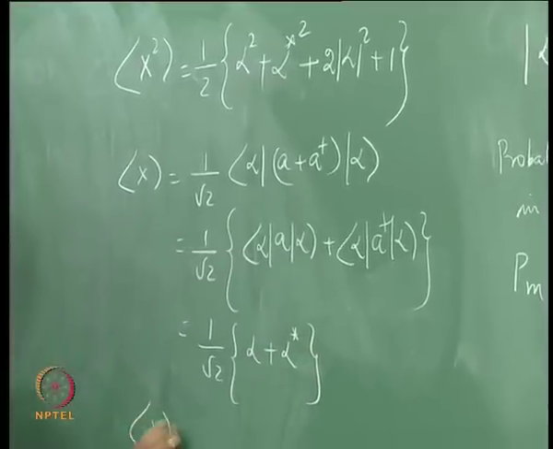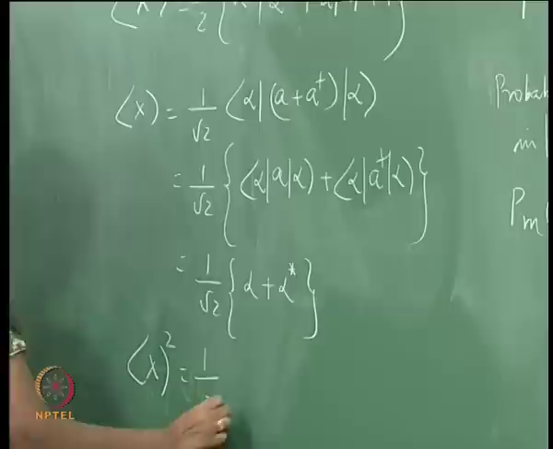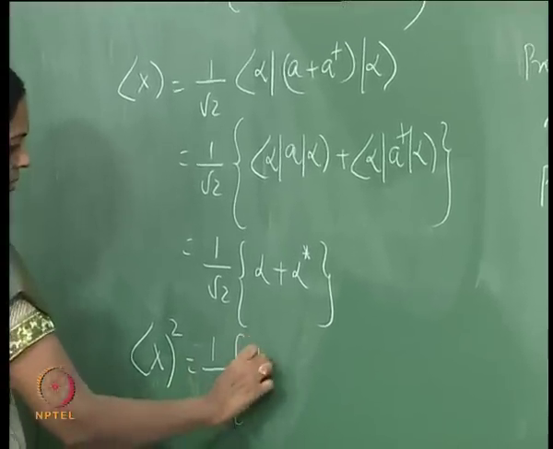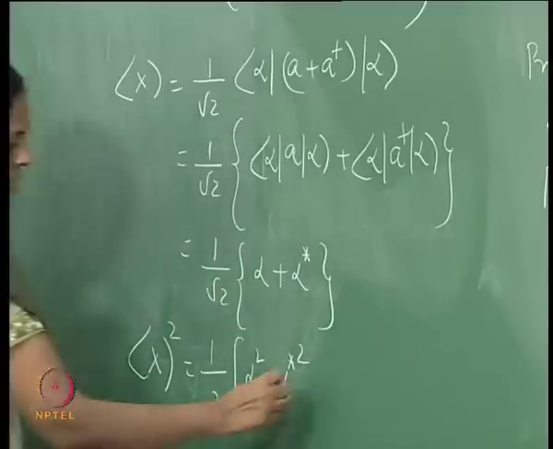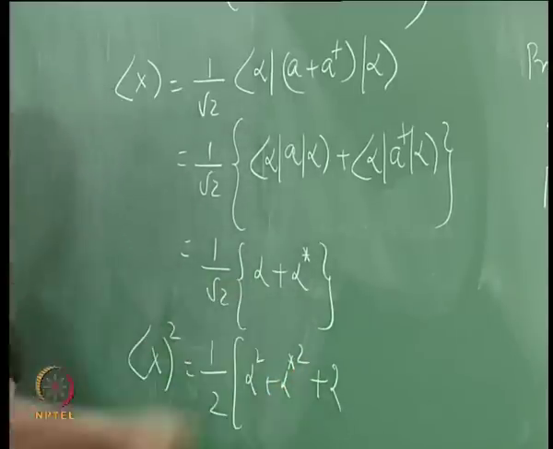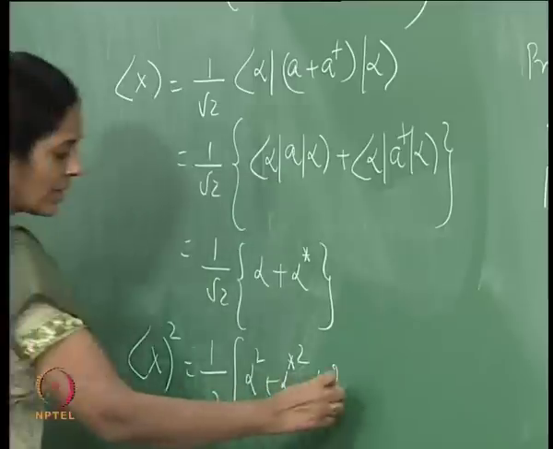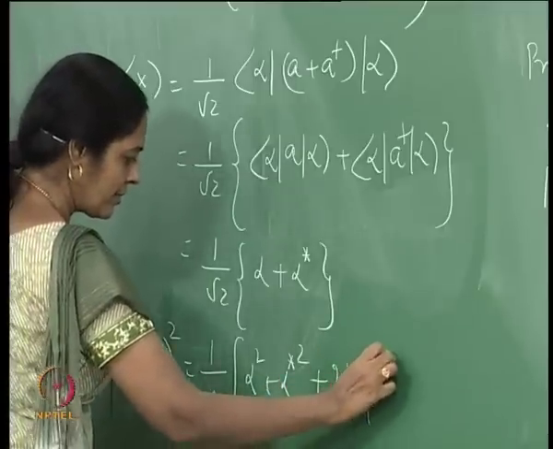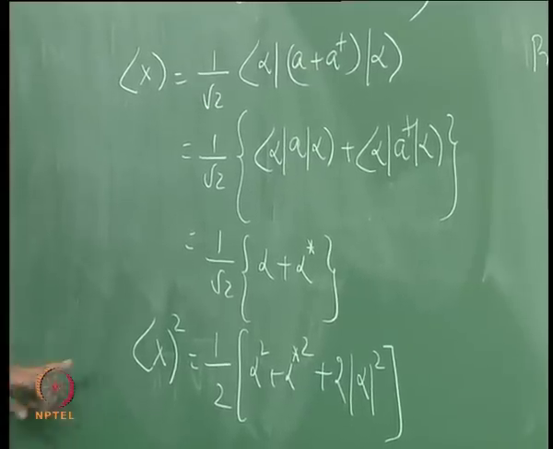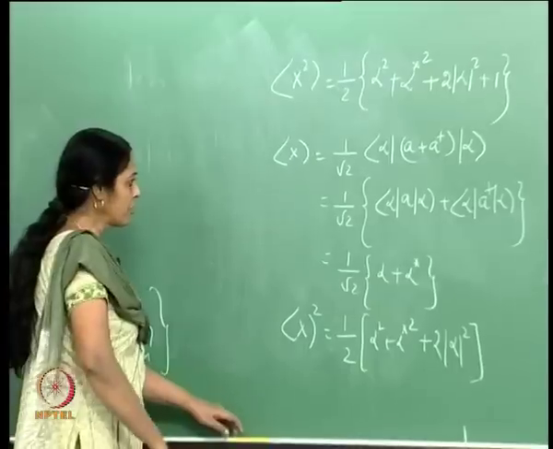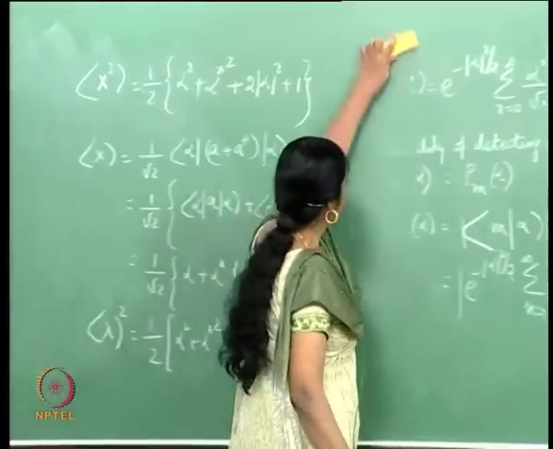I need expectation x the whole squared, that gives me a half. When I square this, I get alpha squared plus alpha star squared, and since alpha and alpha star are just numbers, I have 2 mod alpha squared. I need to subtract expectation x the whole squared from expectation x squared.